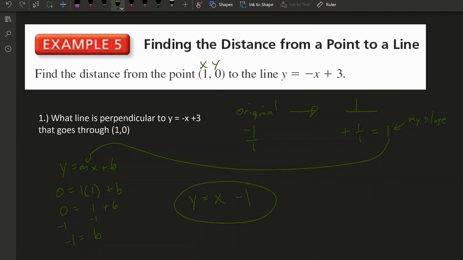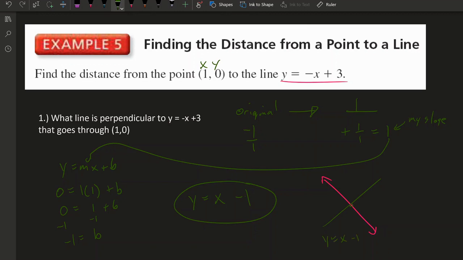That's the line that goes through. Now I'll call this my pink line, y equals negative x plus 3, and then I've got this other line over here, y equals positive x minus 1.